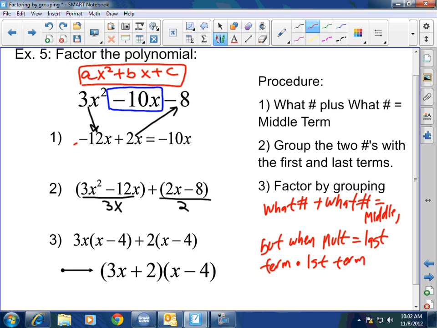So what's the first term times the last term? What's 3 times negative 24, right? Okay, now, negative 12x plus 2x is negative 10x, right? And what's negative 12 times positive 2? Negative 24. So that's how I know that this works.